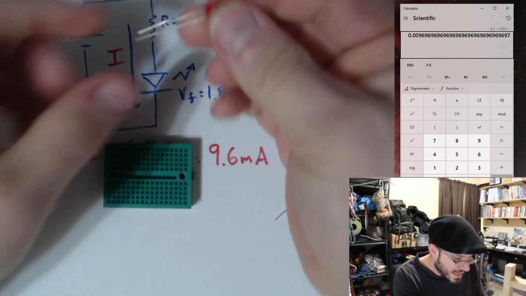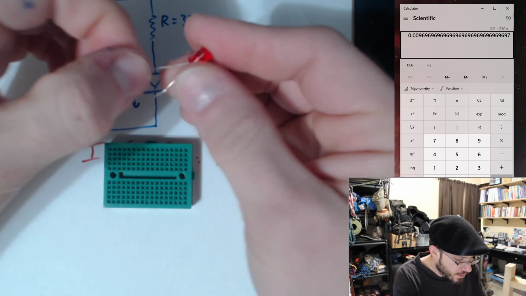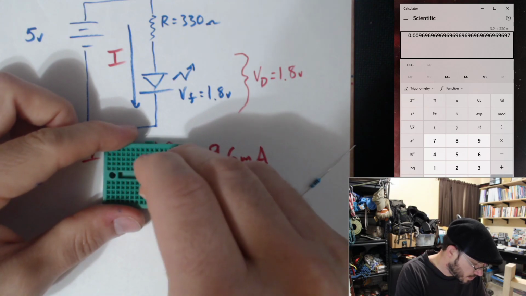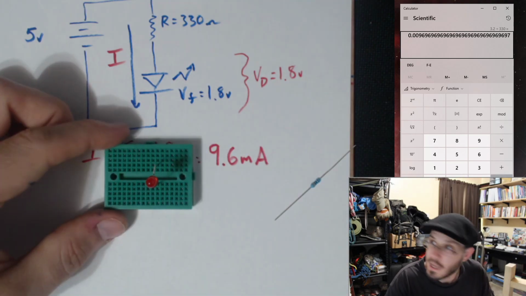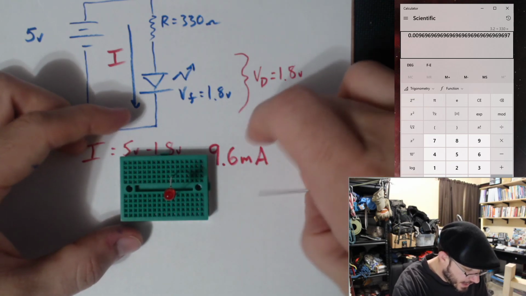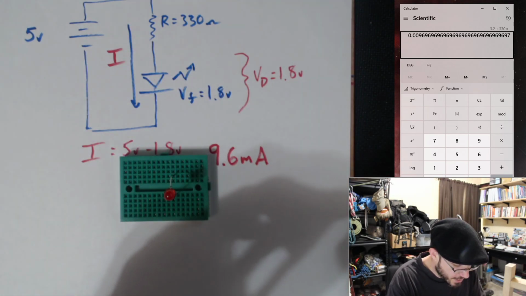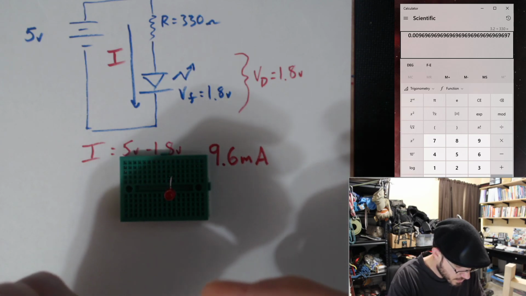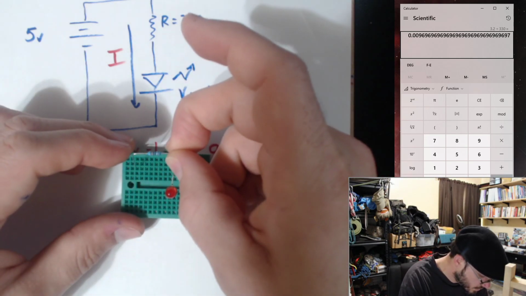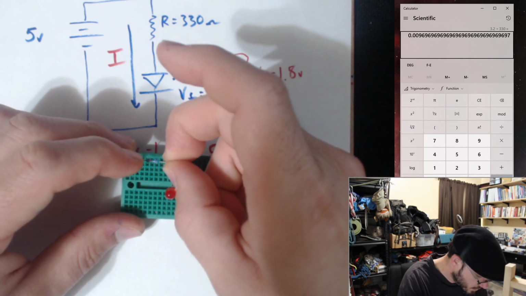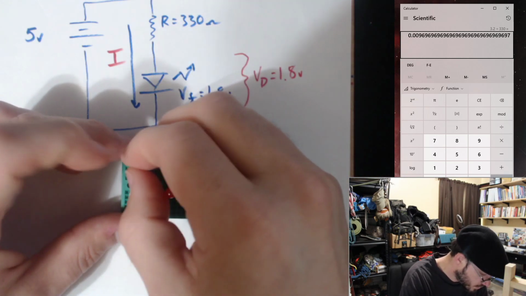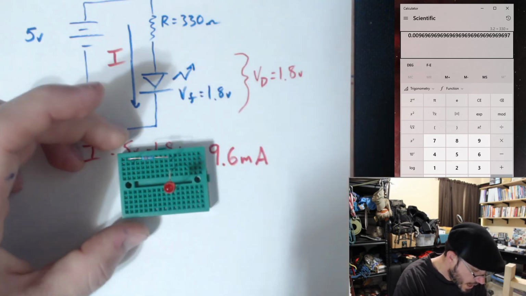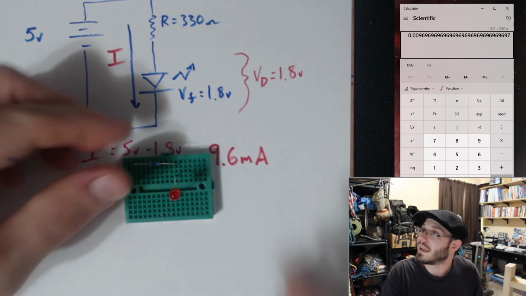Let's take the anode of the diode, and I'll put that in there like that. Then I'll take my 330 ohm resistor and put that in my breadboard like that.